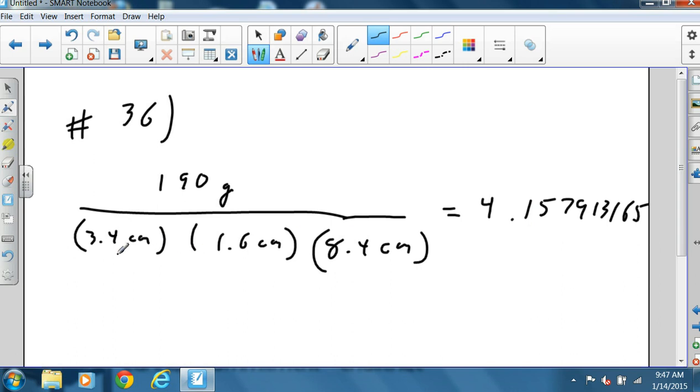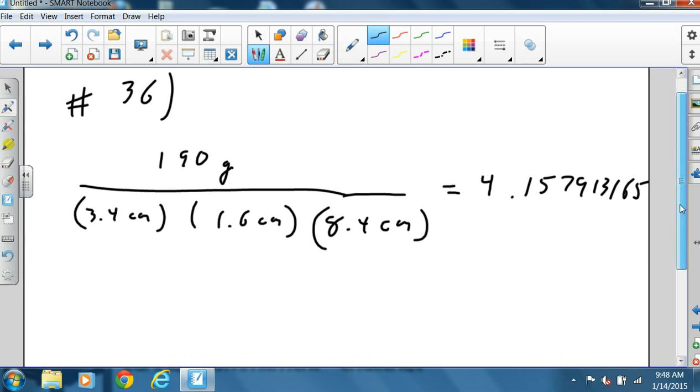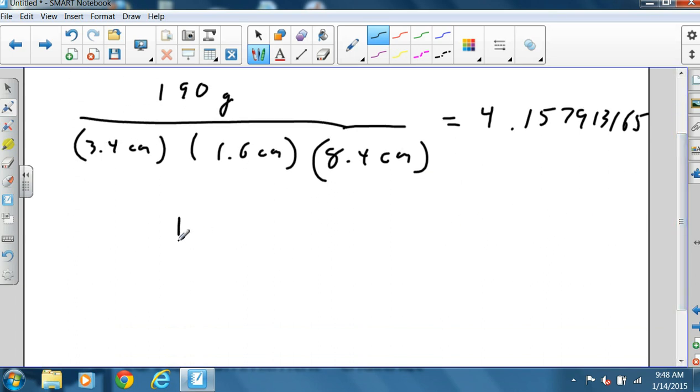Okay, the least number of significant digits I have is 2. That means I can only have 2 in my answer. So is this 4.2 or is this 4.1? 4.2.